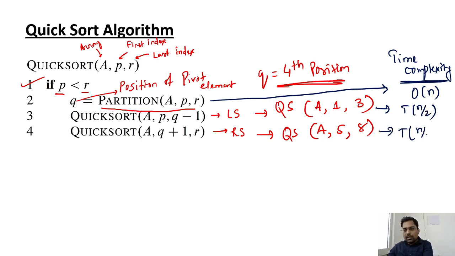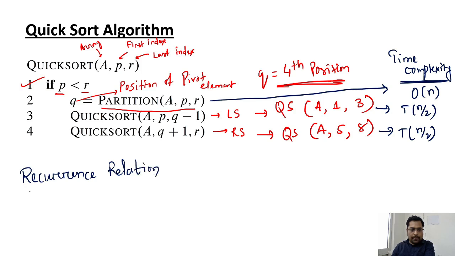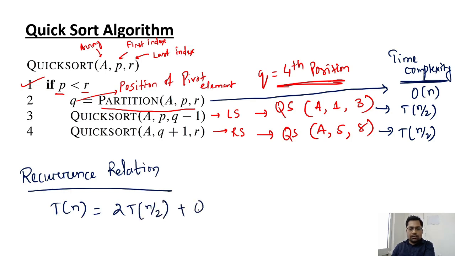As per this, the recurrence relation could be written as T of n equal to 2T of n by 2 plus big O of n, or in general you can write it as n also, not an issue.